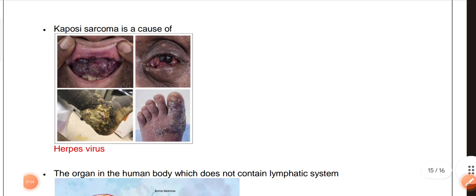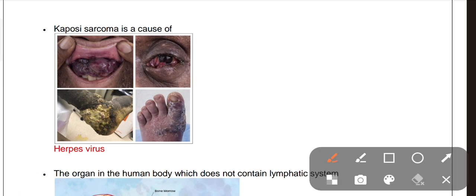And the next one is Kaposi sarcoma. What is the causative organism for Kaposi sarcoma? That is a herpes virus. This is a very dangerous virus.